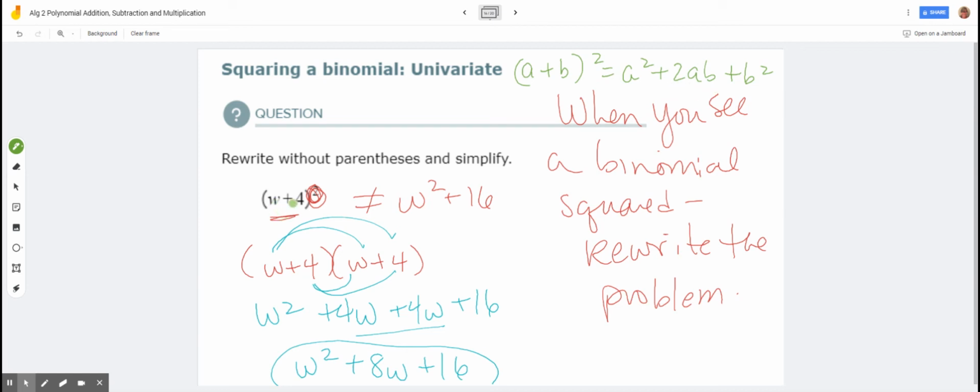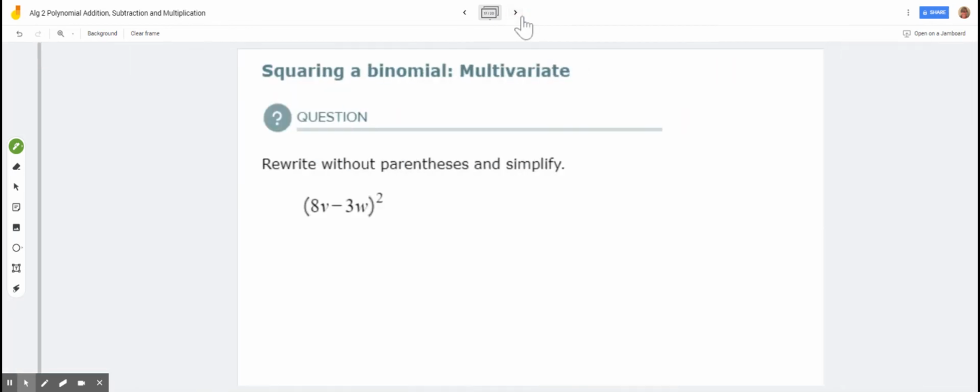A times b is 4 times w, 4w times 2 is 8w. Look, there it is. And then 4 squared is 16. That's for people who like formulas. I pretty much did it the other way for a good majority of my life until I decided I did like that formula and wanted to learn it.